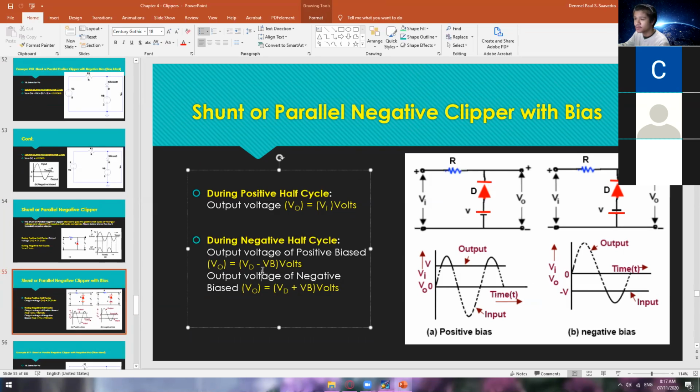Okay, so again, for positive bias, we have this formula. Okay, this is the positive bias. And then for the negative bias, we have this formula. So yeah, just base it completely on the polarity of your diode and then the bias voltage.